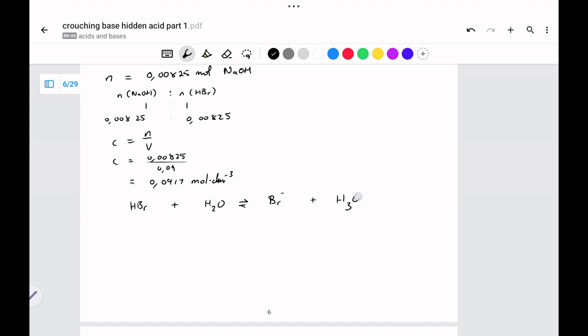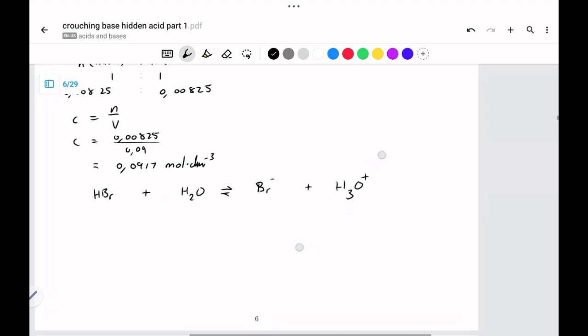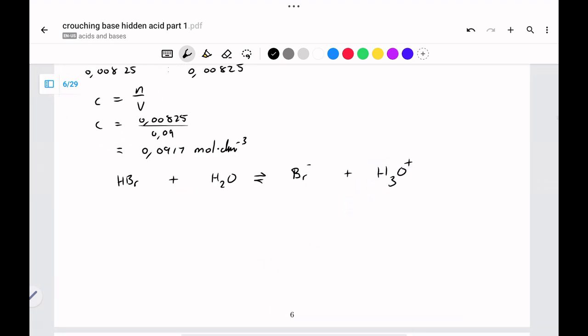If it's a strong acid, then it ionizes fully, and only because of that we're allowed to say that the concentration of HBr to the concentration of H3O plus is 1 to 1. So this concentration here is the same as this concentration here.